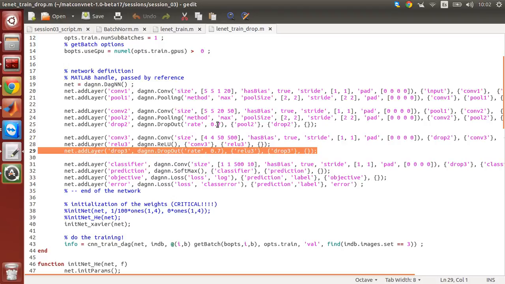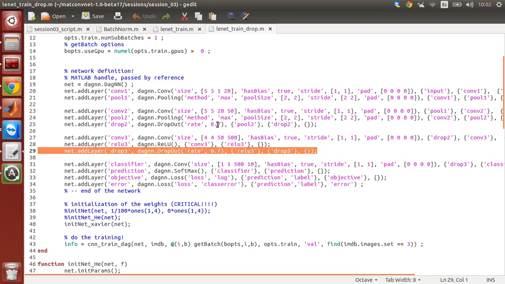But usually you need to play a little bit with these factors, and also where to place the dropout. I have done several experiments until I found where to place them, but usually it requires some experience to really learn where to put them and how many of them to set.